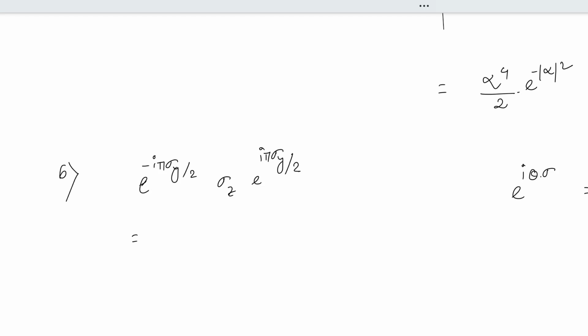Your Pauli matrix can have all three directions, x cap, y cap, or z cap, but you can take your theta to be in a unit vector direction, say n cap, dot sigma. n cap is the unit vector direction of this theta angle, and sigma vector is the Pauli matrix in this case.